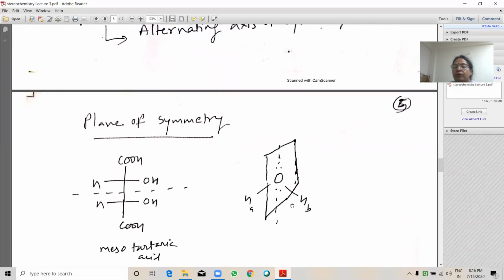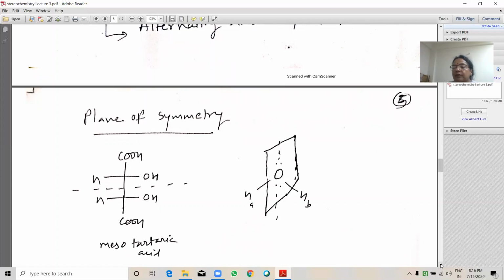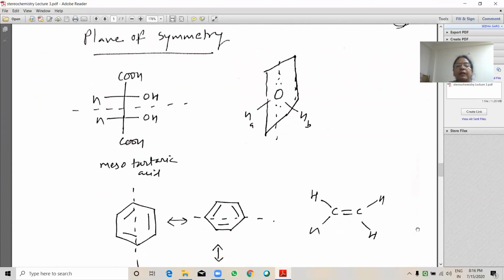Similarly, in the water molecule, when a plane is passed through the middle, the H-A and H-B are equal, then it is also optically inactive.